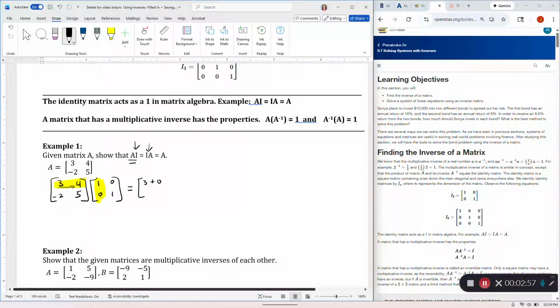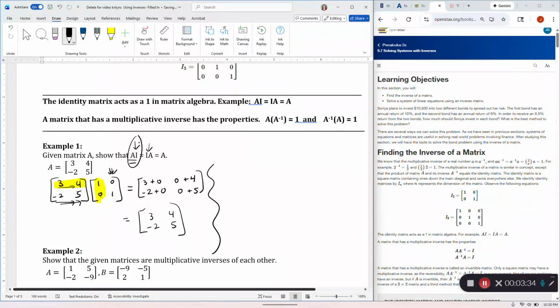First row times second column will be 3 times 0, 4 times 1. Next, bottom row, first column, -2 plus 5 times 0, 0. Next, second row, second column, 0 plus 5. And in the end, you see here we have 3, 4, -2, 5, which was the original matrix we started with. So putting the identity behind it and multiplying it produces the original matrix.